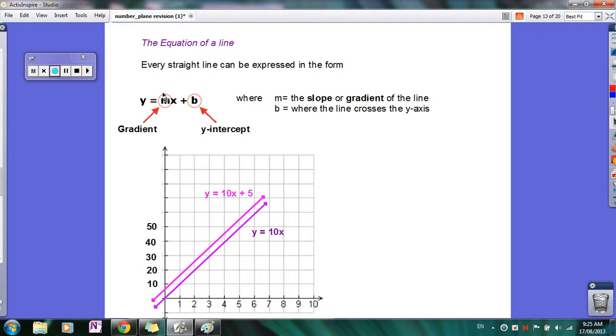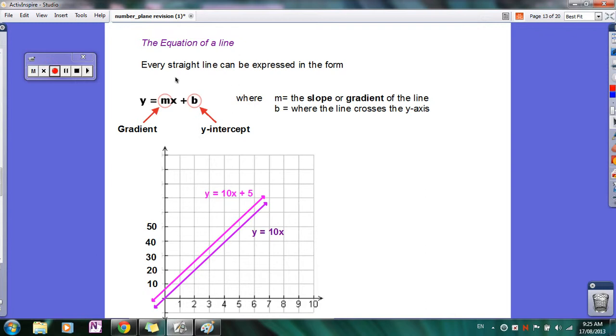All I need is an understanding of the gradient or slope of the line, and where the line crosses the y-axis. I can use this information, the gradient and the y-intercept, to describe the line like this: y equals mx plus b. So just sit with that concept for a moment.